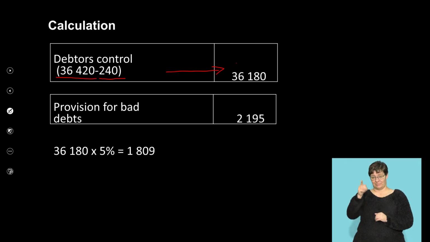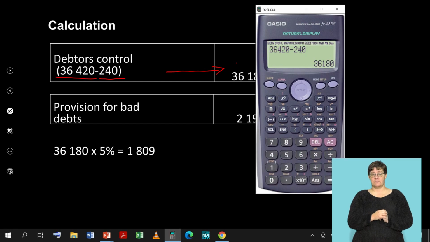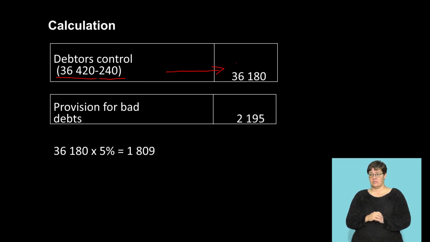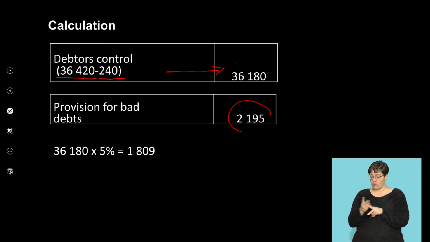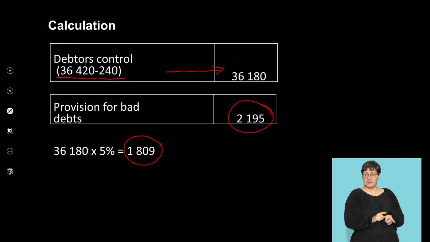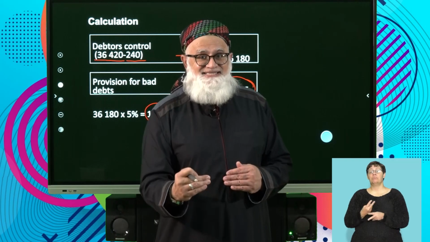Now take the 36,180 times your 5%, and you get a figure of 1809. Now what do I have? I have an existing provision of 2195, right? My new provision is 1809. Clearly you can see from this that your provision must be decreased, right?